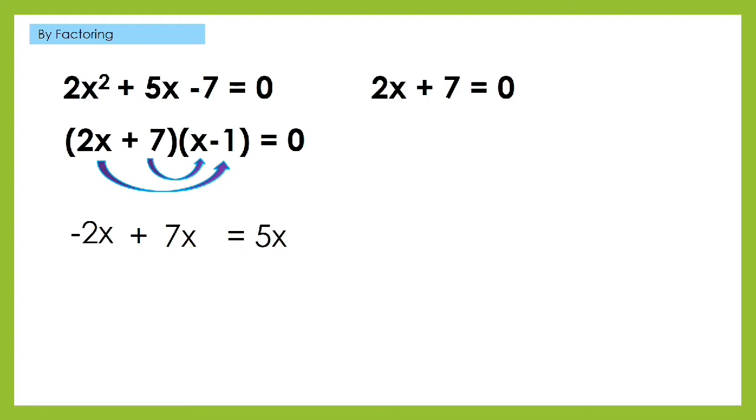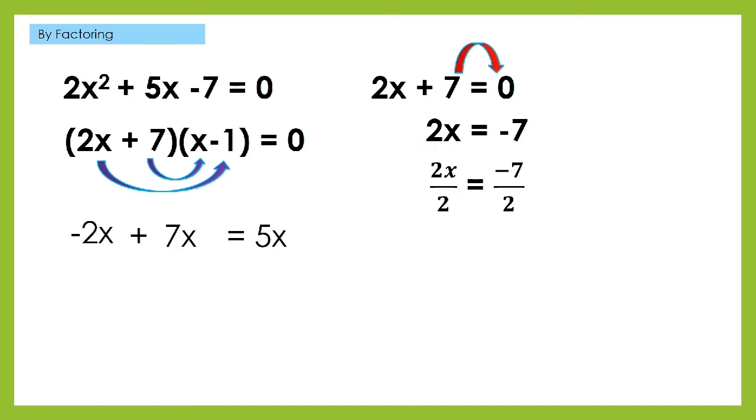Let's now equate to 0. The first factor is 2x plus 7 equate to 0. Okay, let's solve for x. Dapat si positive 7 na nasa right side. So, lipat natin, magiging 2x equals negative 7. From positive 7, naging negative 7. Okay, we have 2 here.